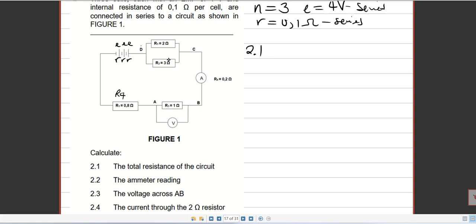We first find the parallel resistance. From there, you can add it to the ones which are connected in series. You can also find your total internal resistance as well. So you can say R parallel, and you deal with the parallel resistors. Here we have 1 over R1 plus 1 over R2, to the power minus 1.